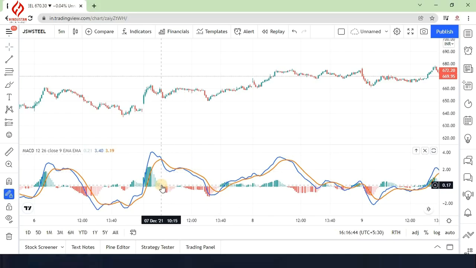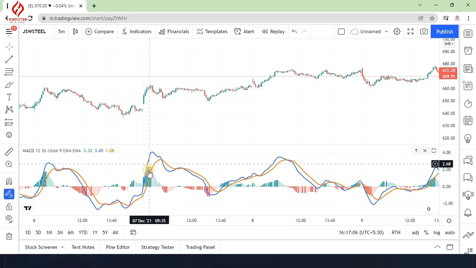And the third important component of the MACD indicator is the histogram. These are the red and green bars that you can see in the middle of the indicator, right? The purpose of the histogram is to plot the difference between the blue MACD line and the orange signal line.